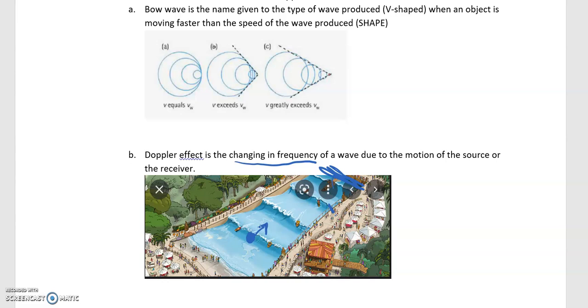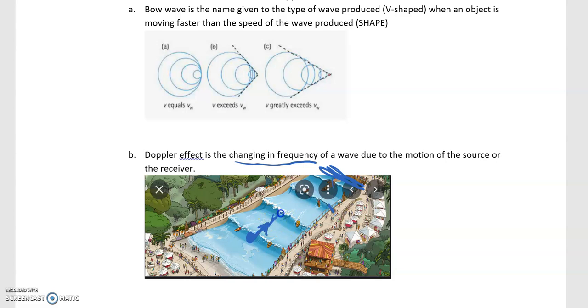Yes, I know running in water is hard, but let's pretend it's not. Well, now you're going to run into this next wave because it's still moving towards you also. Instead of taking 3 seconds for the next wave to hit you, because you are running towards it, it's going to hit you, let's say, in 2 seconds.